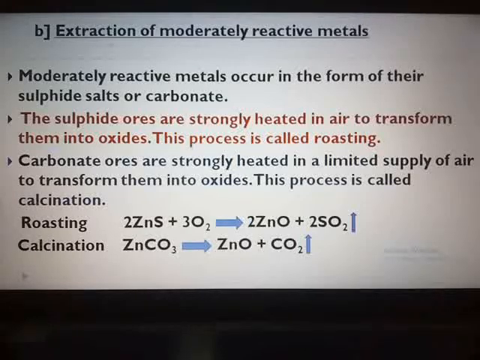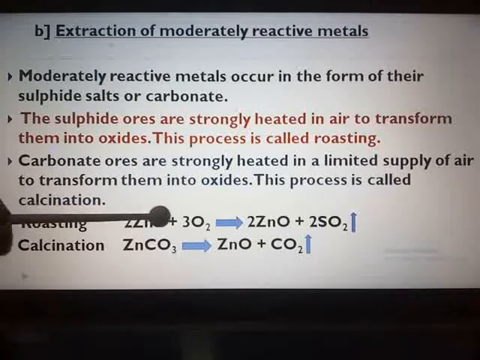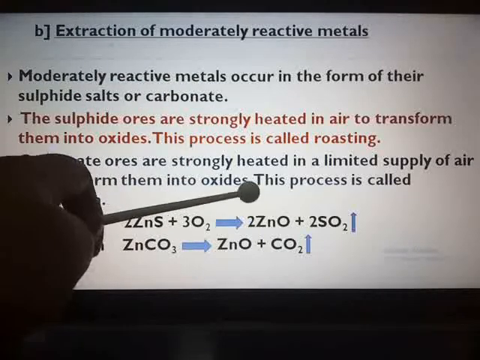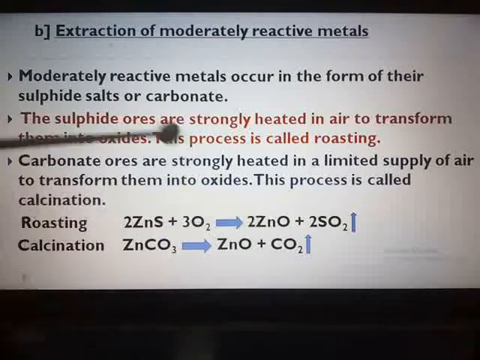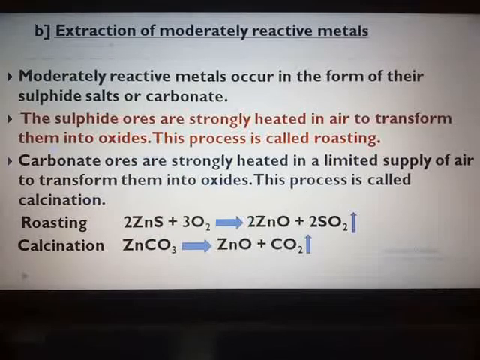Now both the equations we will see, they have taken for zinc sulfide and zinc carbonate. The example they have taken of a moderately reactive metal is zinc, which is available in the form of sulfides and carbonates. So roasting: 2ZnS in the presence of oxygen, because strongly heated in air means oxygen is there in the air, you get zinc oxide plus sulfur dioxide gas is given out.